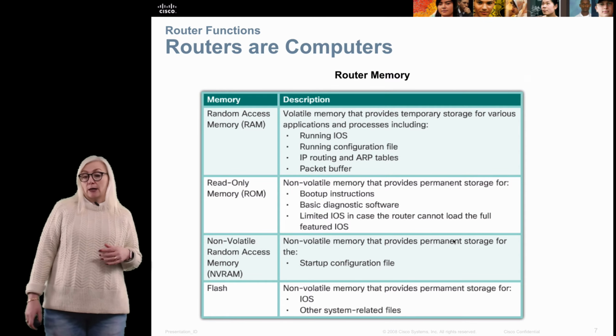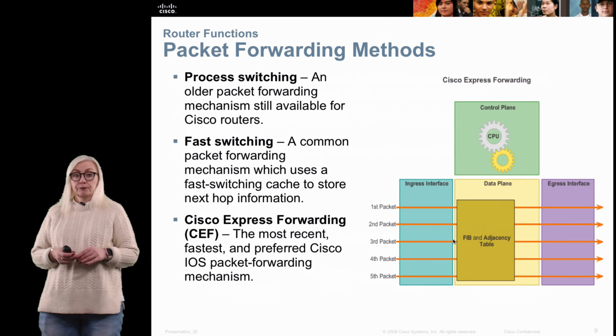Fast switching is a little bit better because then you will only calculate the routing algorithm once, and then you will store the results in your cache so that when you get another packet for the same network, you don't have to do the math all over. It will look into the cache and see, okay, I found the way to this network before, so I'll just send it out through the exit interface.